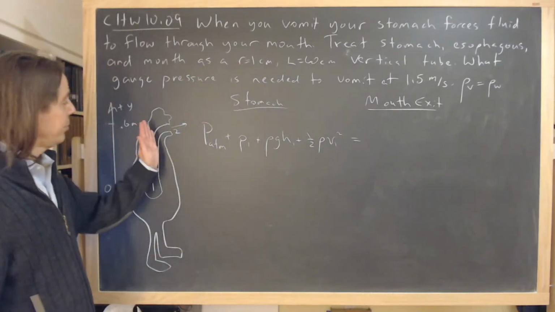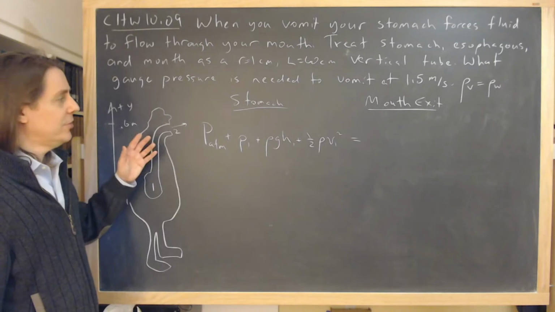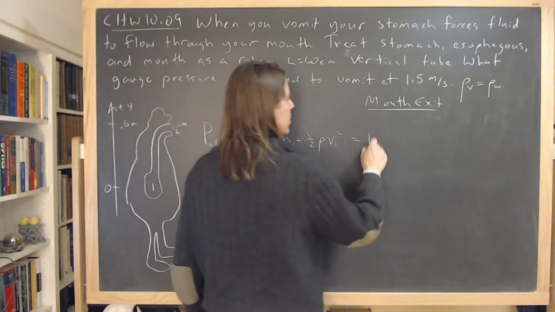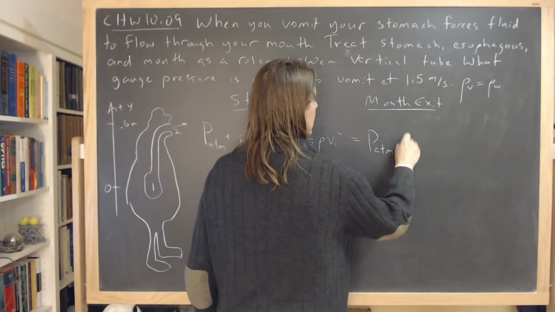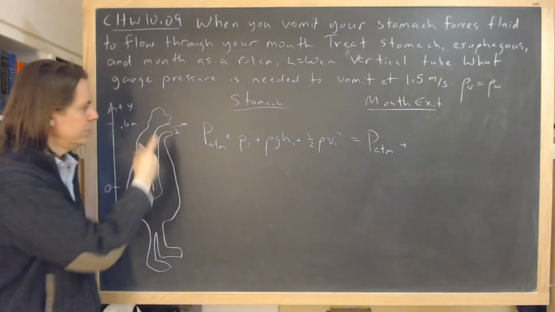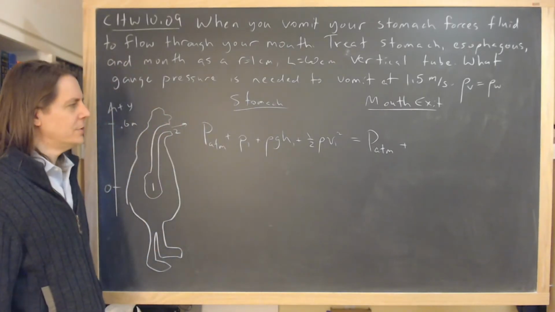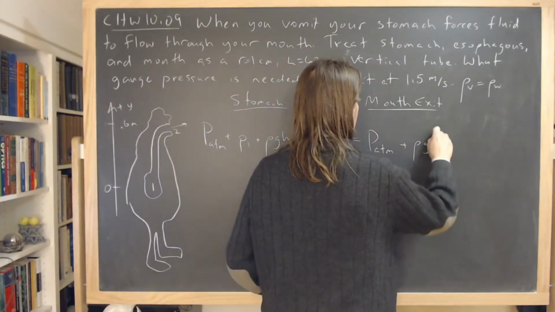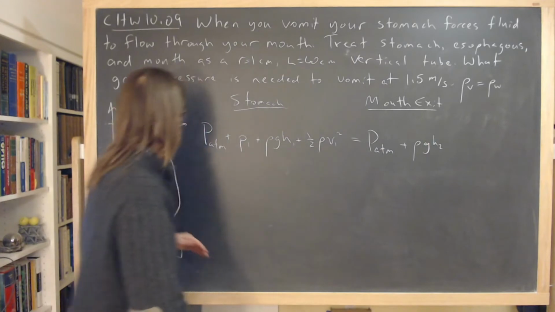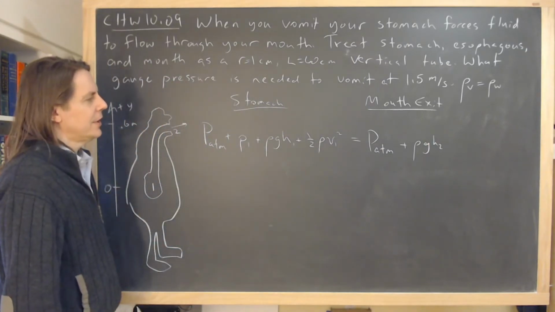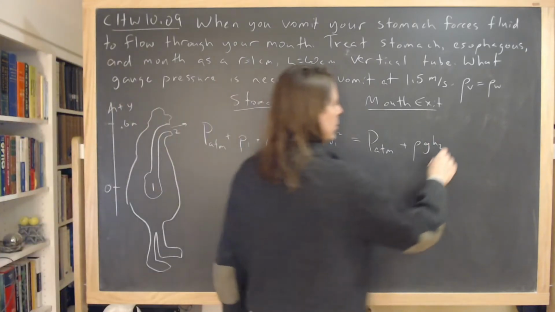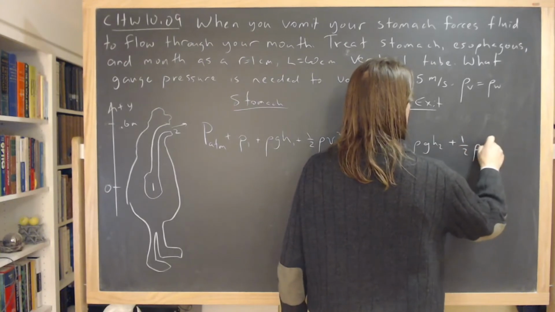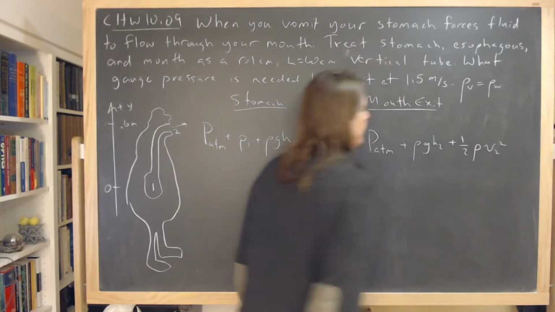So right after we come out of the mouth, it's atmospheric pressure, and that's the total pressure. There's nothing applying extra gauge pressure there. The height here will be rho g h2, so up by 60 centimeters, and then it'll have some speed here, 1/2 rho v2 squared.